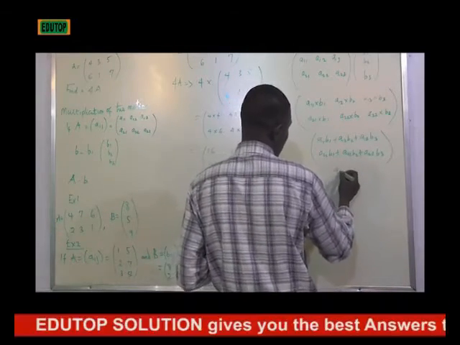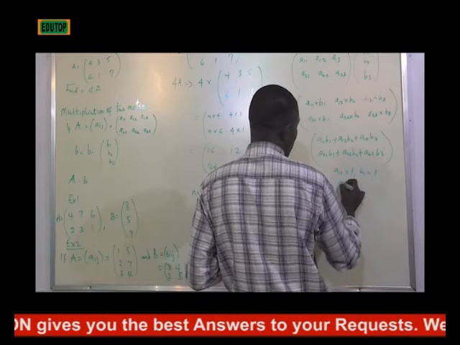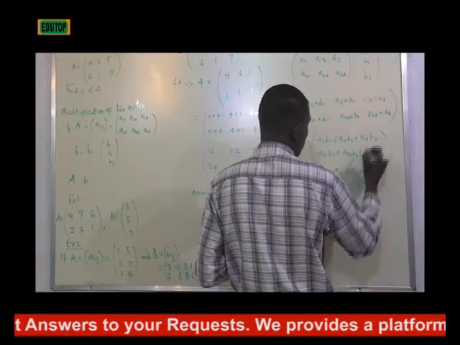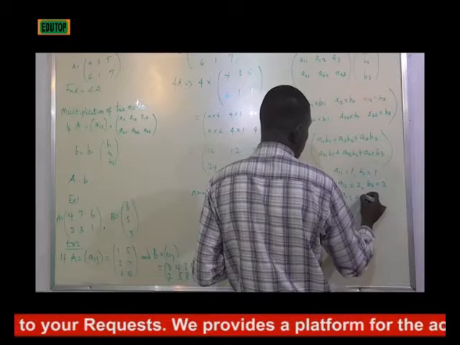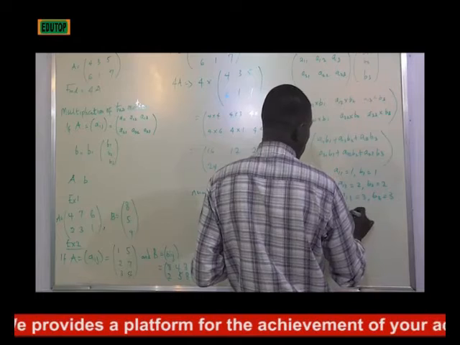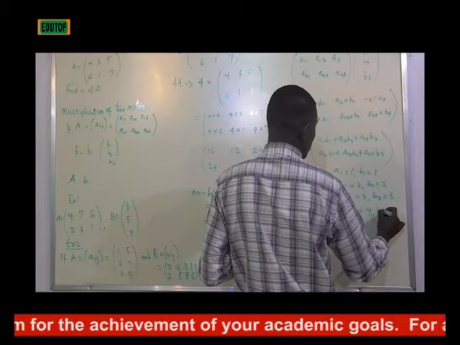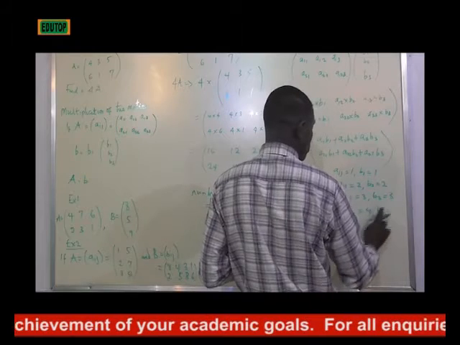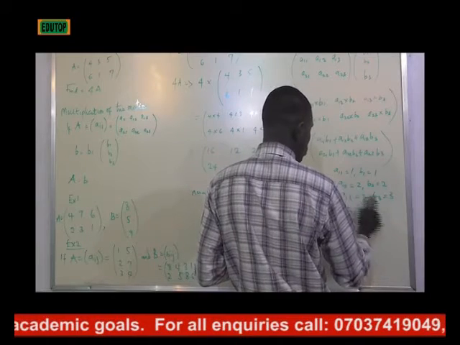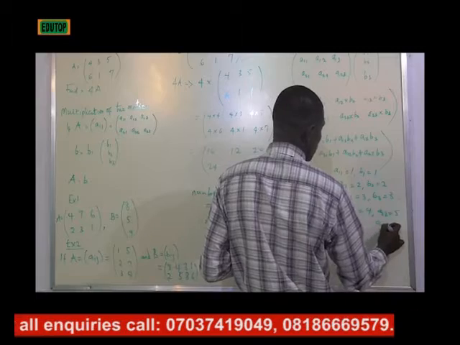Let's say, to justify, that A11 equals 1, B1 is 1, A12 equals 2, B2 is also 2, A13 is equal to 3, B3 is equal to 3, A21 is equal to 4, A22 let it be equal to 5, A23 let it be equal to 6.